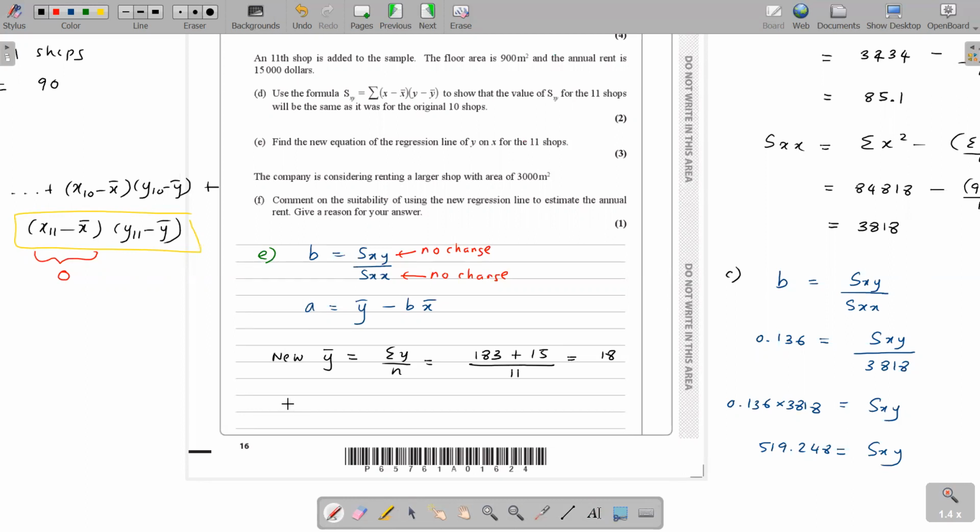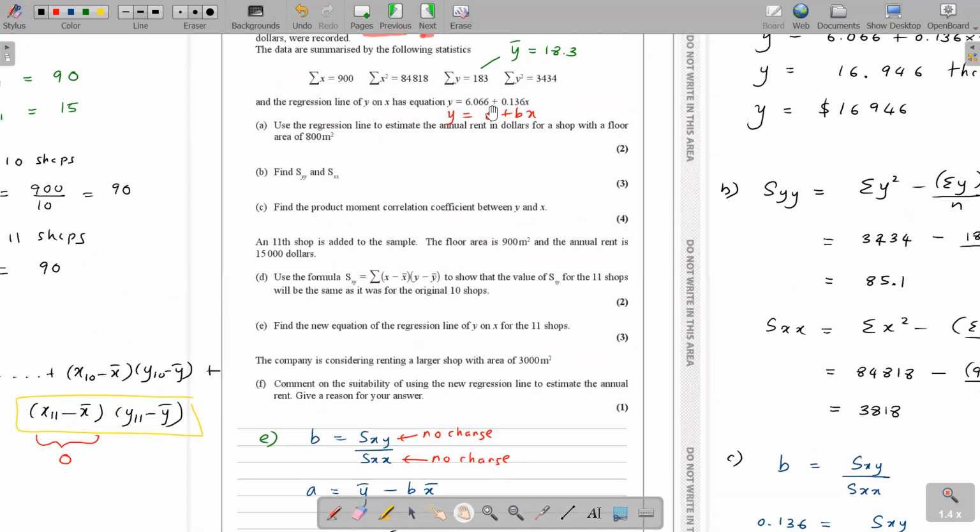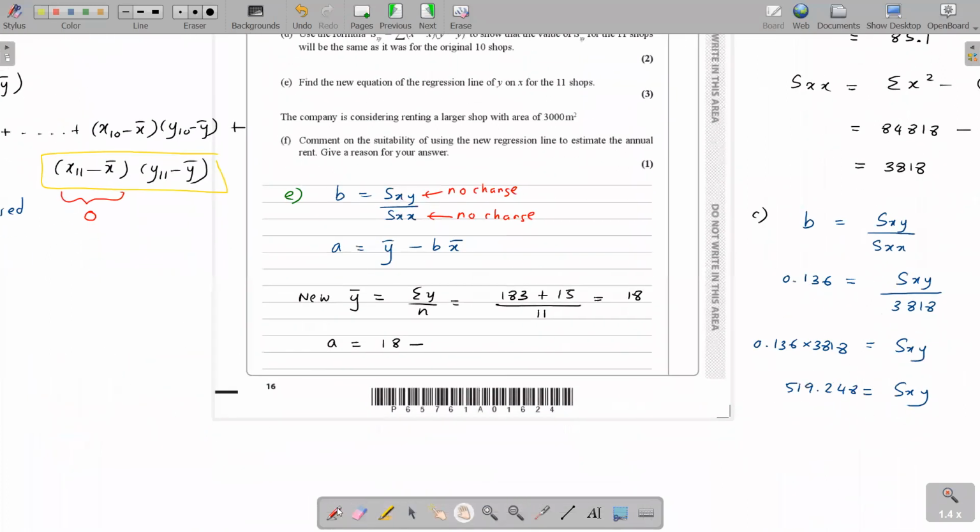So then let's get the a value. Can you all calculate the a value? It's y bar minus b x bar. The b value was 0.136 here, right? And there's no change in x bar.